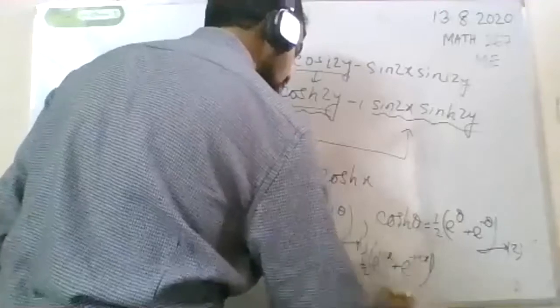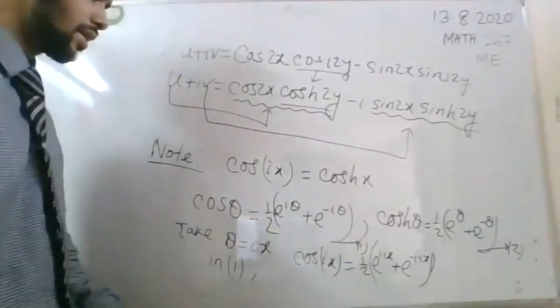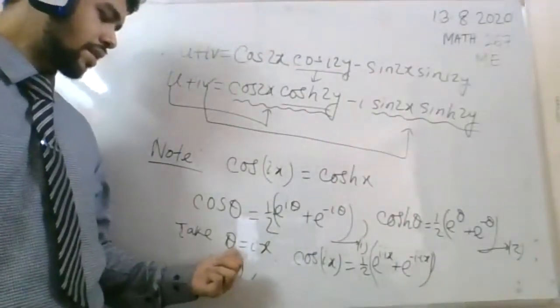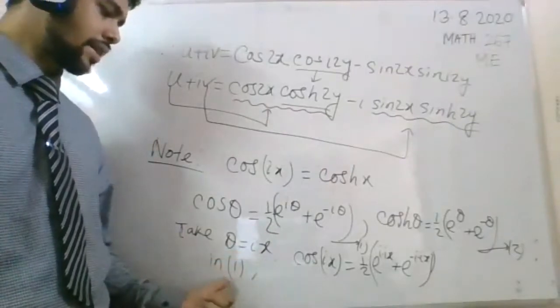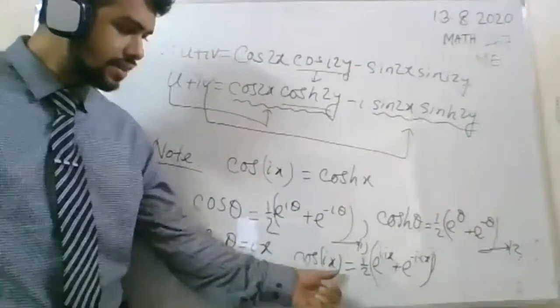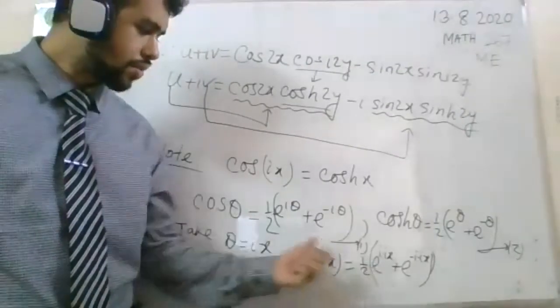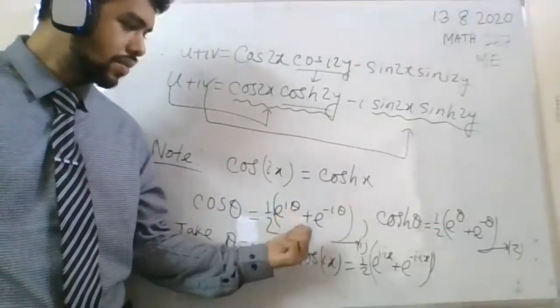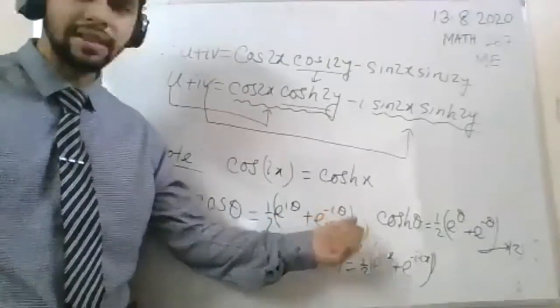Okay. So if we put theta equals ix in 1, you can get cos ix equals 1 by 2 e to the power i into ix plus e to the power minus i into ix.